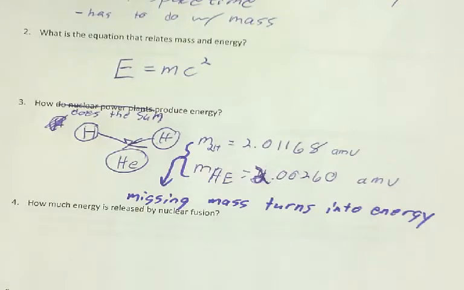The mass that's lost when you go from two hydrogens smashed together into helium turns into energy. And that's why the sun produces energy, because it's constantly doing this. So the sun is actually lighter today than it was yesterday, because the sun has produced energy, and the energy has been released in the form of mass.